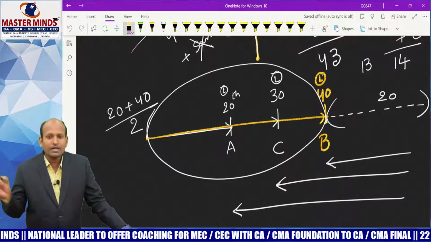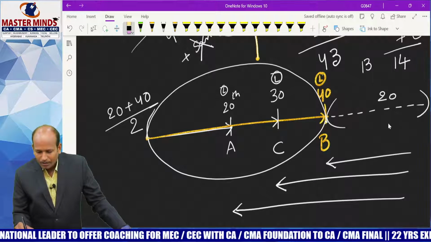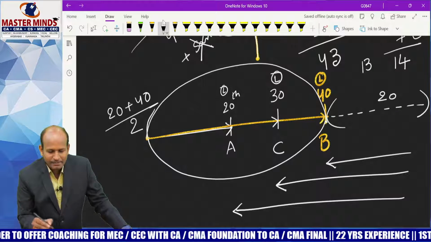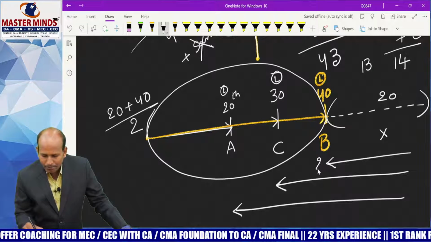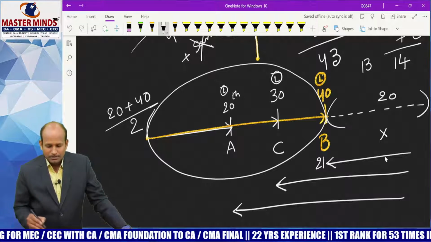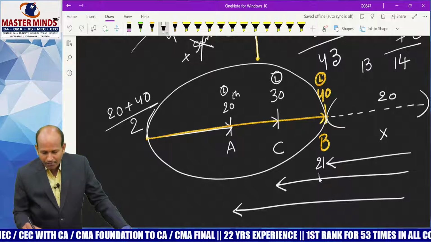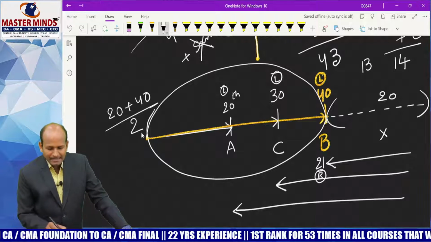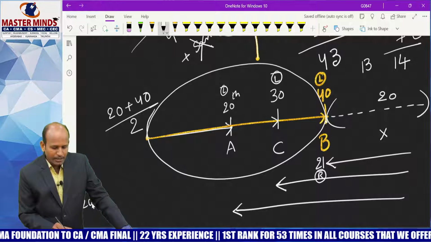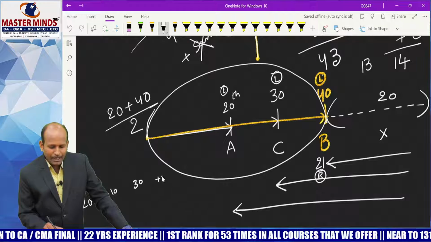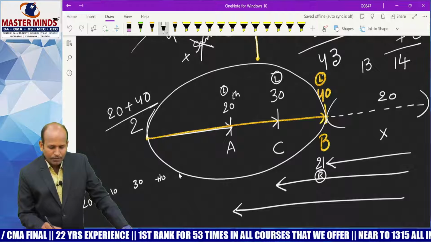Now, if you are counting from the right side, 20 plus B becomes 21. So B's position is 21 from the right side. If you see from the left side, A is 20, after 10 ranks B is 30, after 10 ranks B is 40.